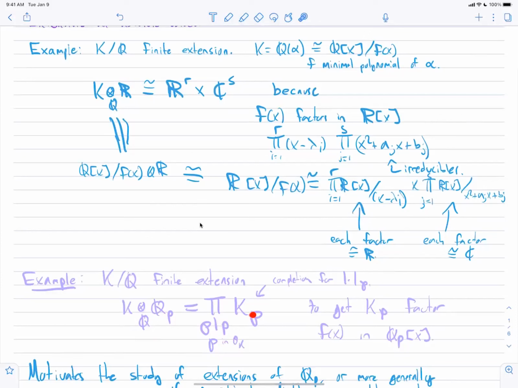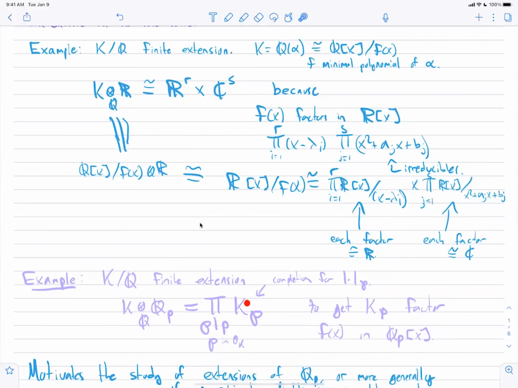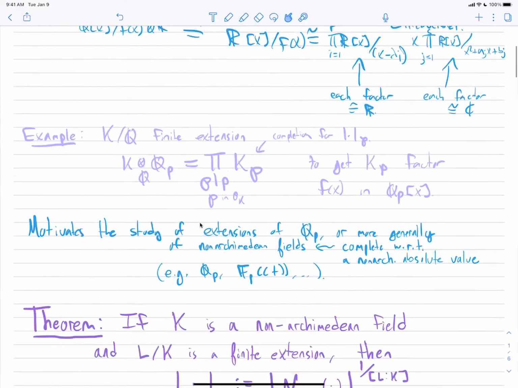It's not true that there are only finitely many fields that can appear over here for any K, but if I fix the degree of K, if I'm only looking at quadratic extensions, only looking at cubic extensions, then there are only finitely many different fields that can appear here. So in particular, I could try to explicitly understand each of those, and then I'd have a very good understanding of this whole thing over here.